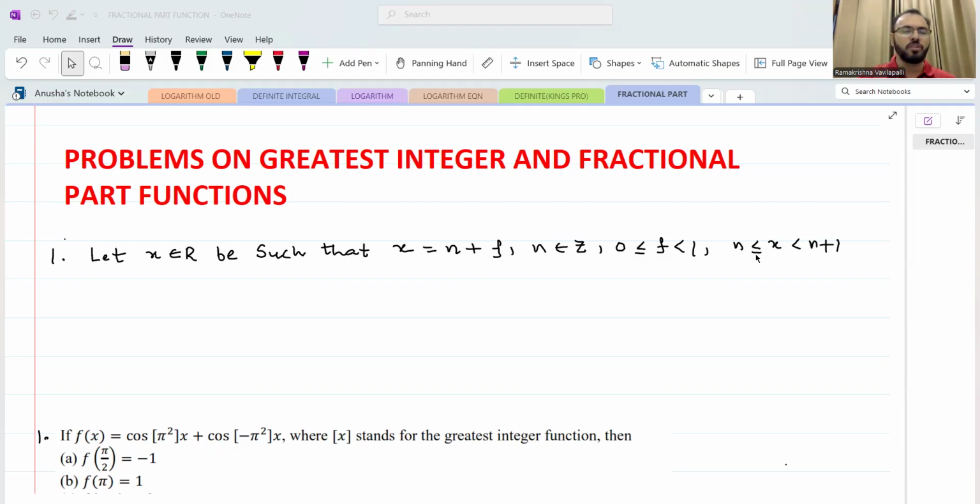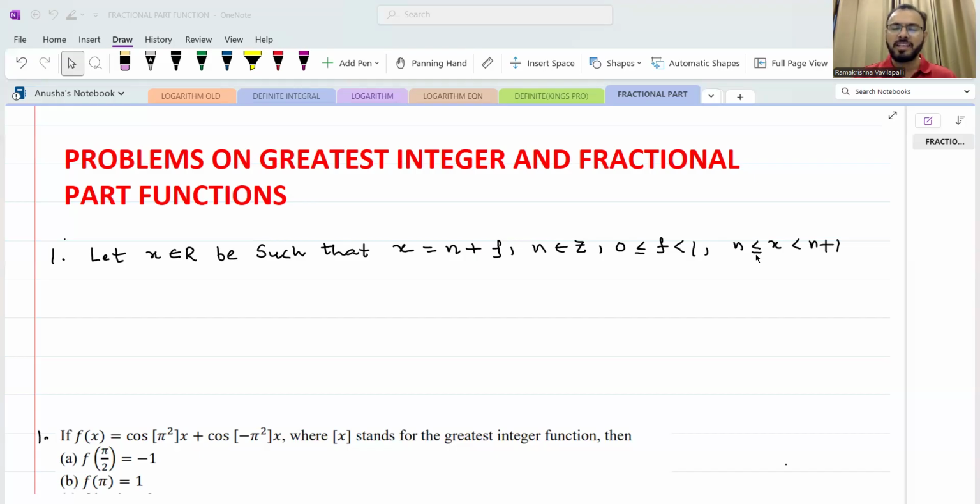Before we go into the questions, I'll give the outline of greatest integer function and fractional part function once again. If you give any real number, then we can write that real number as the sum of two things. One is an integer, another one is a fraction. Fraction is never negative.